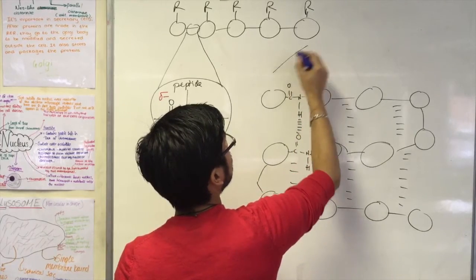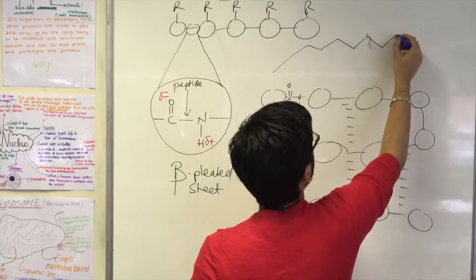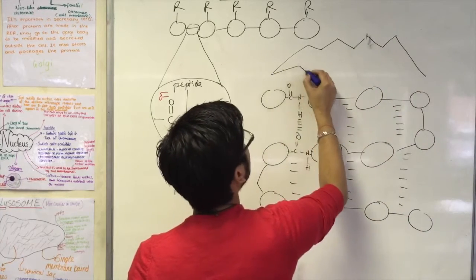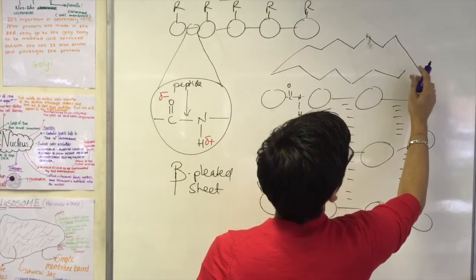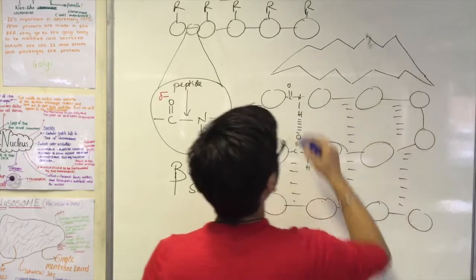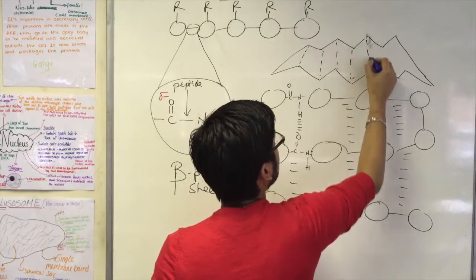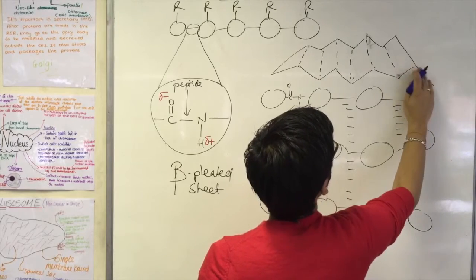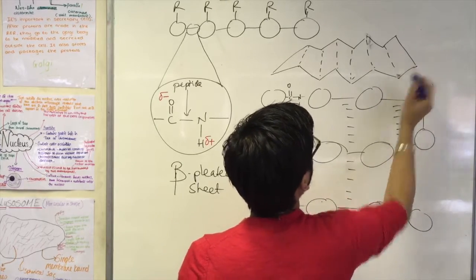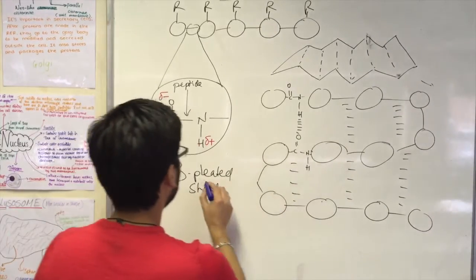If I drew it in 3 dimensions, it would look something like that. Okay? So that's why it's called a beta-pleated sheet.